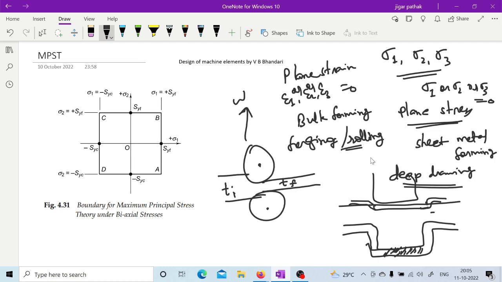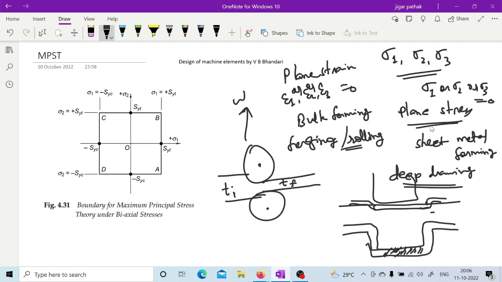Okay. So in case of plane stress, will there be bending as well? In case of plane stress condition, will there be bending and torsion also, sir? See, bending and torsion are altogether a different concern, right?